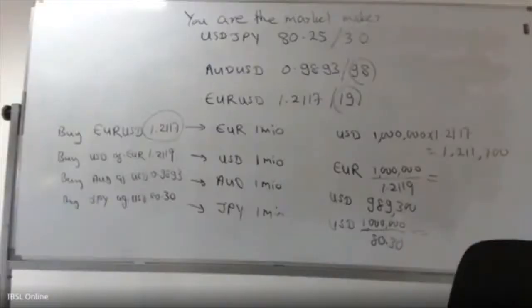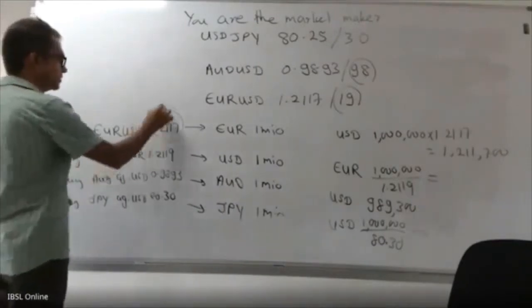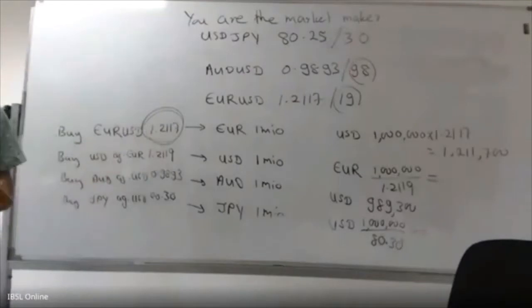Is this applicable to market maker situation only or the general situation? No. Once you decide the rate, it is applicable. Why do you think like that? When the rate is decided, there can't be two different ways of calculating the equivalent amount for the market maker and the market taker.